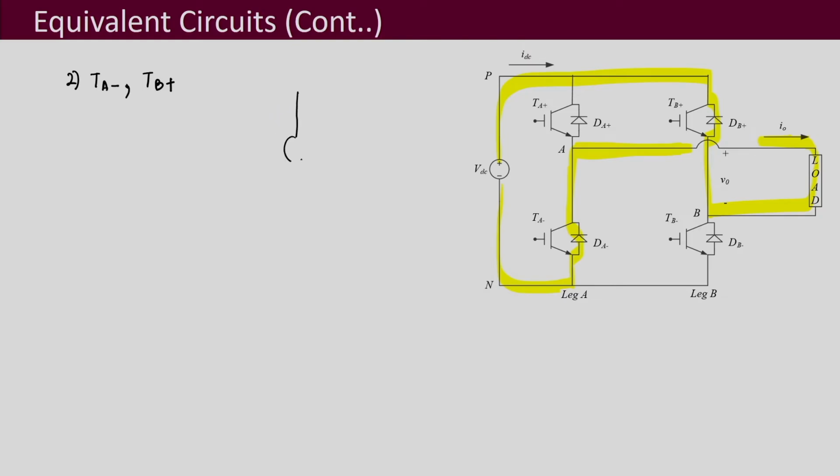So, the equivalent circuit can be drawn just by shorting whatever has been turned on.